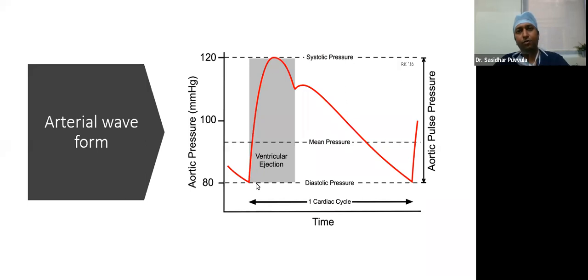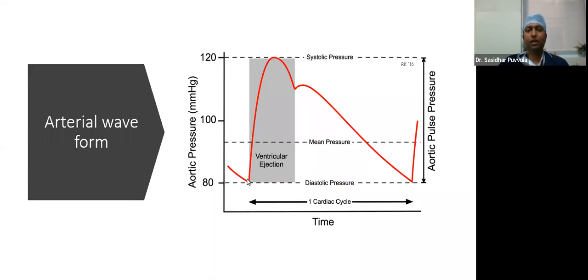So in this slide, I'm going to discuss briefly what we are actually looking at when we look at the arterial waveform. Any arterial waveform has an anacrotic limb, the upswing, and the dicrotic limb, or the downswing. The anacrotic limb or the upswing is mainly due to cardiac contractility and left ventricular ejection.